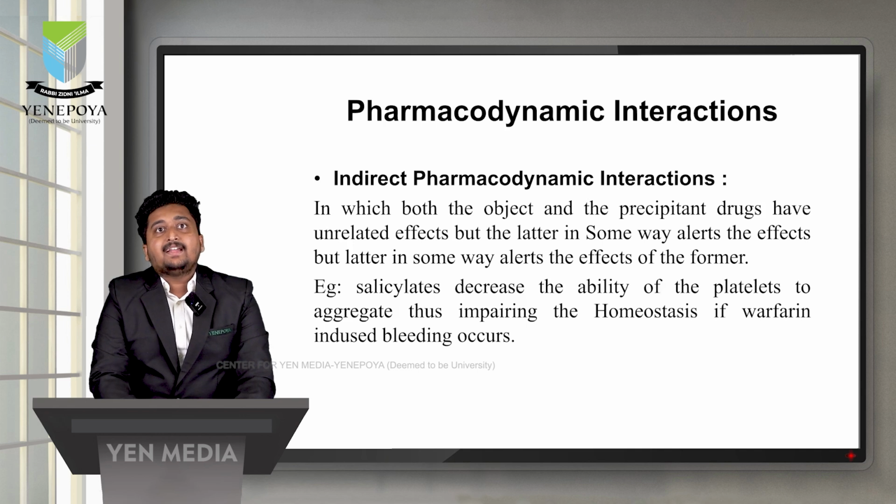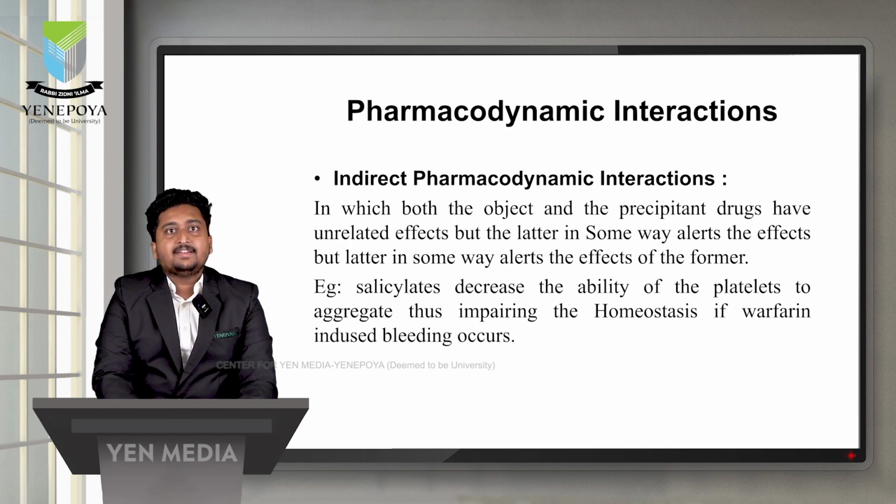Next we have indirect pharmacodynamic interactions. Here both the object and precipitant drugs have unrelated effects, but the latter in some way alters the effects of the former. In direct pharmacodynamic interaction, one drug straight away has a direct effect on the mechanism of action of another, unlike here, where there is involvement of some indirect pathway which is not necessarily because of the therapeutic effect of that drug.